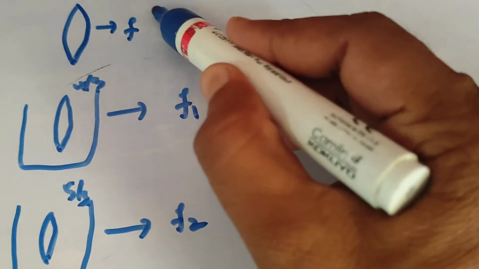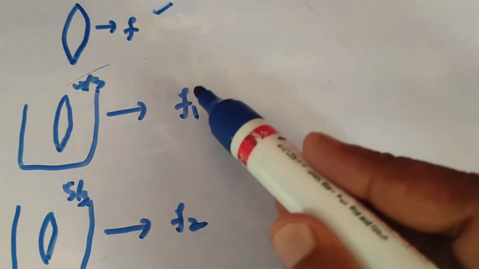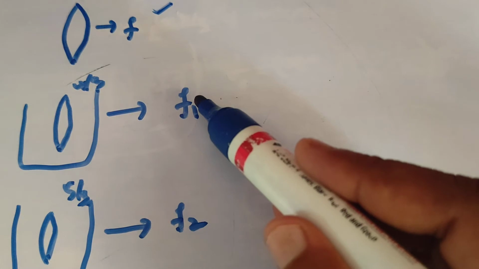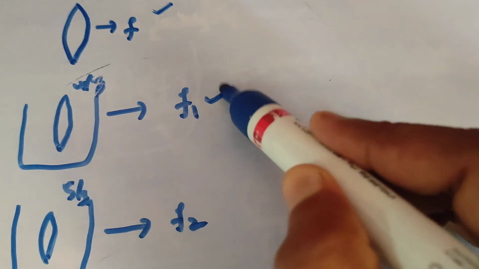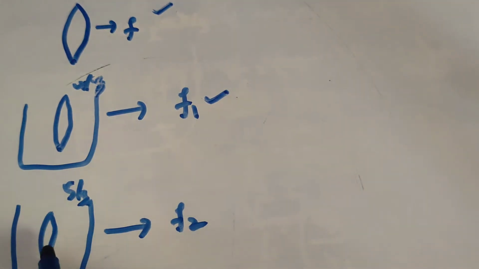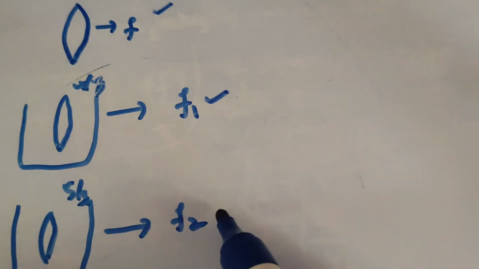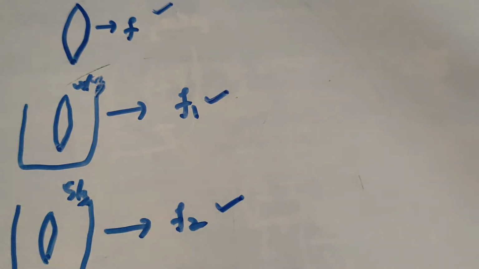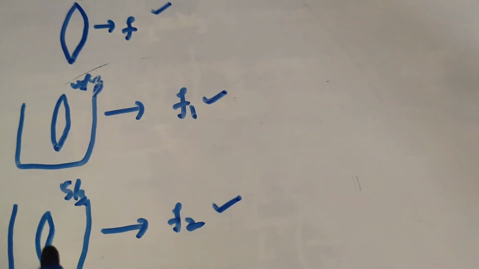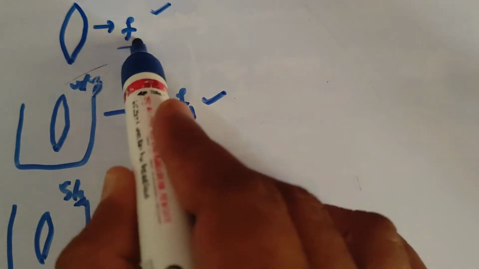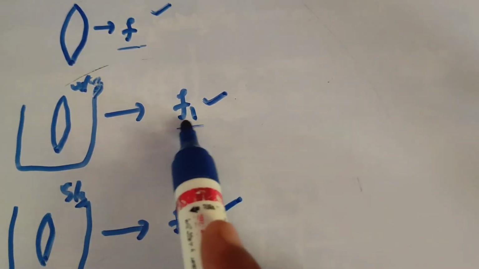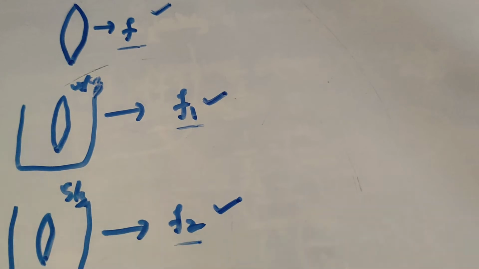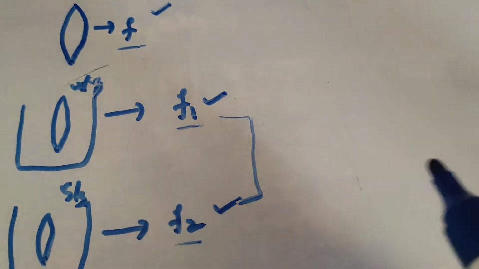So initially it has f. After immersing in the 4/3 liquid, the focal length will be f1, then f2. So the relation between these two is what we have to find.